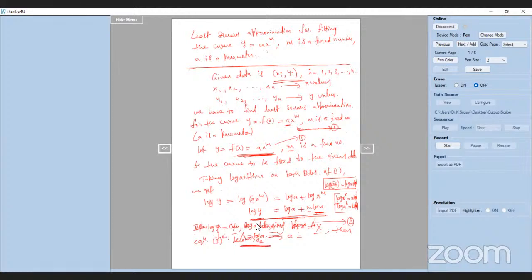E to the power capital A. Yes, ma'am. Log A is equal to B, log A to the base E, that means A is equal to E to the power B. Overwriting is there, madam. Okay, sorry.